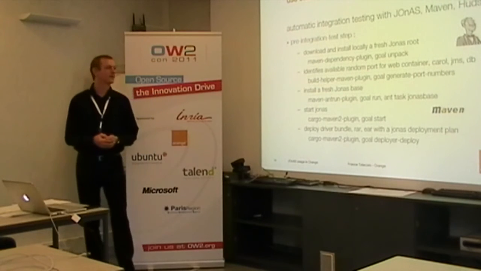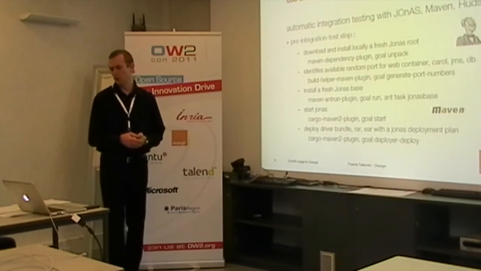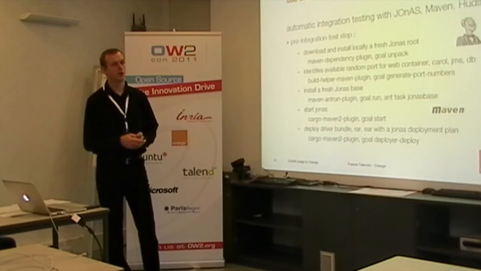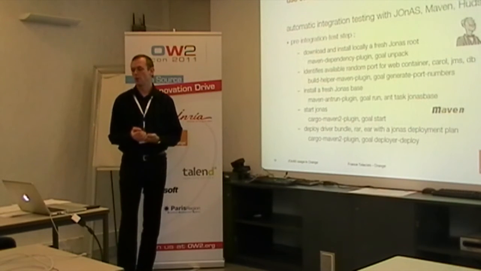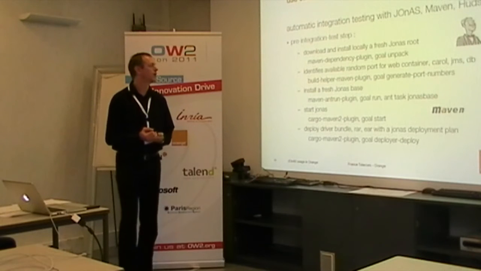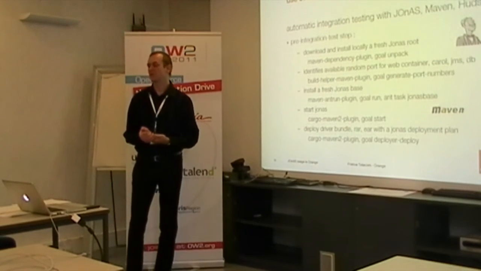The second use case is how do we use JOnAS in integration testing. So, for example, on a continuous integration platform with Hudson or Jenkins, we have modules that can do full integration testing with JOnAS.